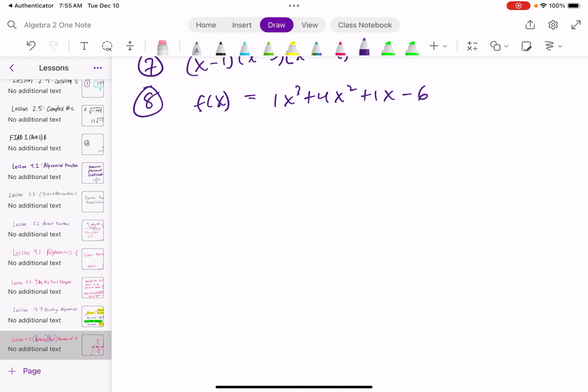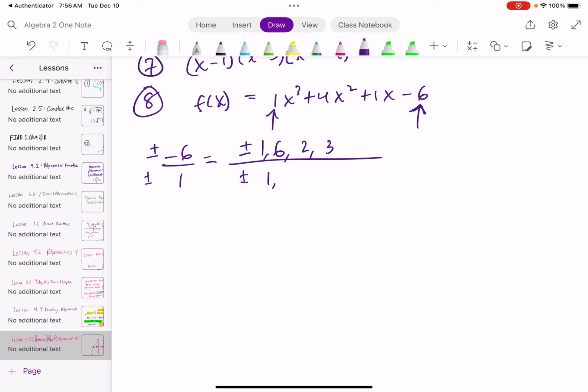Okay. So here they don't give us anything. We need to use the rational root theorem, right? So we're going to take that constant and divide it by that leading coefficient, -6/1, making sure that they're both plus and minuses and accounting for all factors. We have plus or minus 1 times 6 gives you 6, 2 times 3 gives you 6. That's about it. Plus or minus 1 times 1 gives you 1.